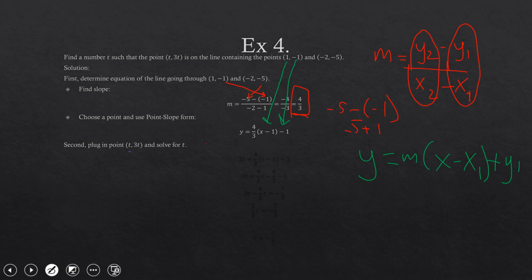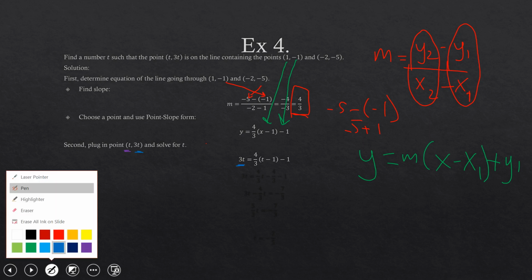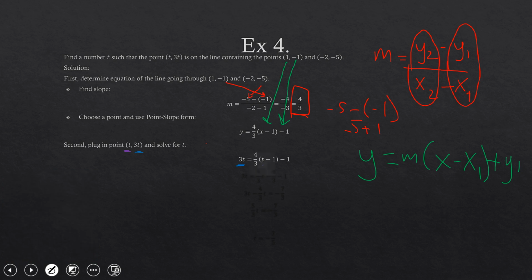Let's use some colors. So there's our x, and there's our y. We're going to plug those in for x and y, and then solve it for t. We just have to get t by itself, so do some algebra to do that.